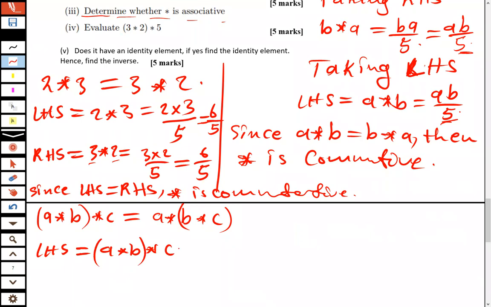We start with A star B. In that expression which we had, the expression was simply just xy over 5. So while there is x, we put A, while there is y, we put B, and then over 5. Then we say this whole thing star C.